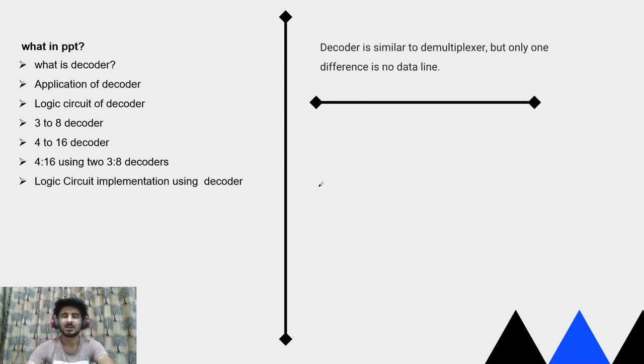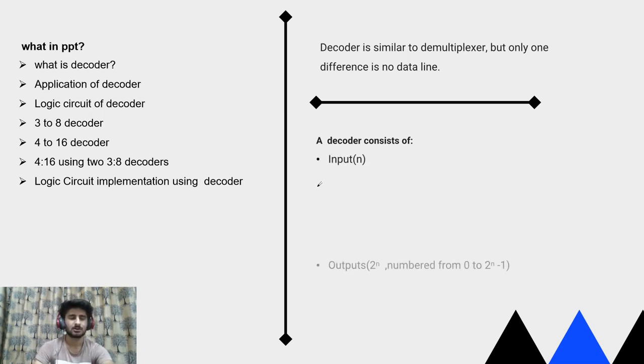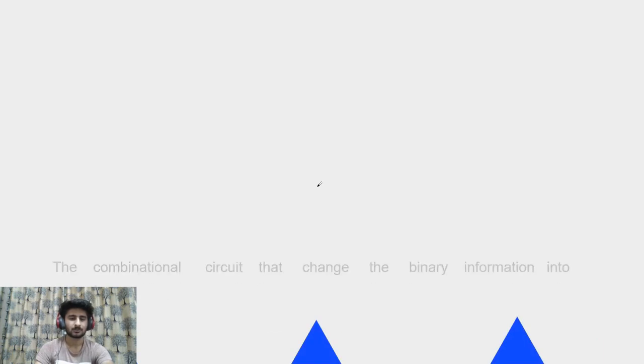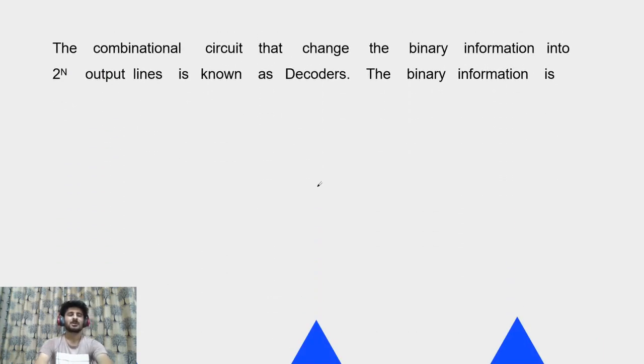Basically, a decoder is just like a multiplexer, but the only difference is that it doesn't have any data lines. A decoder consists of n input lines and 2 raised to power n output lines, and it also has an extra input, the enable input. It is a combinational circuit that changes binary information to 2 raised to power n output lines.